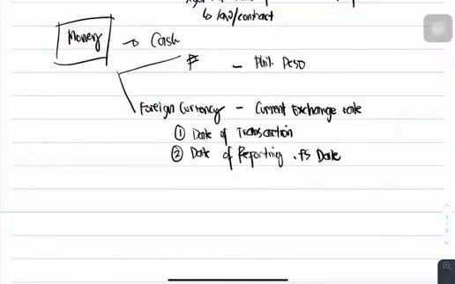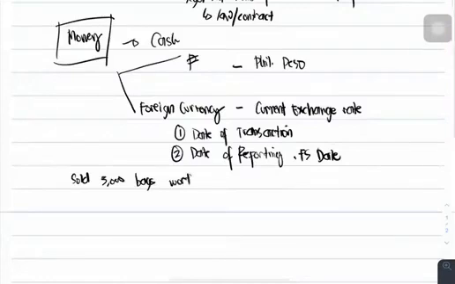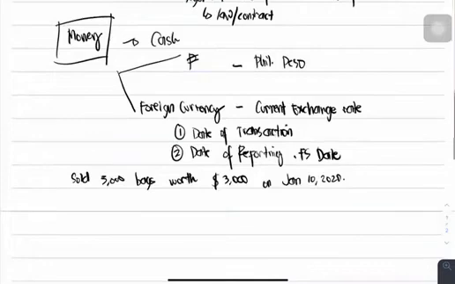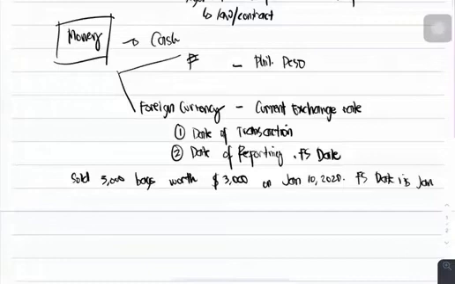So for example, sold 5,000 bags worth $3,000 on January 10, 2020. The FSD is January 31, 2020.